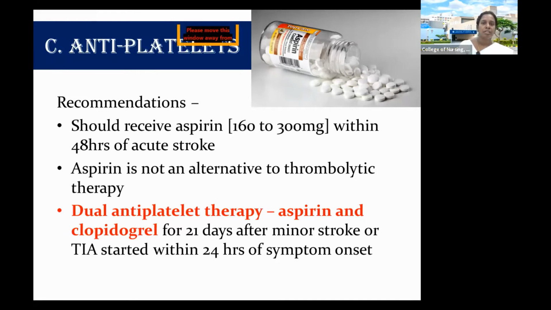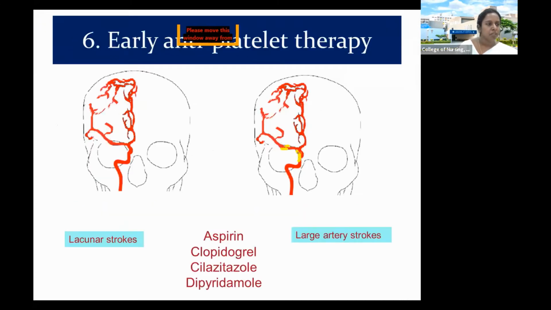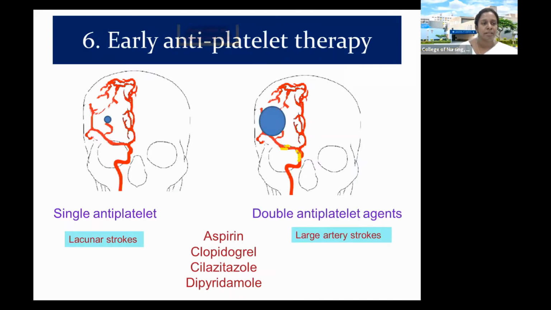Yesterday we learned about TIA or minor strokes. For these patients, they are advised dual antiplatelet therapy for 21 days. For a lacunar stroke or a small vessel stroke, a single antiplatelet is fine, either aspirin or clopidogrel. But if it's a large artery stroke, they always advise dual antiplatelet therapy.